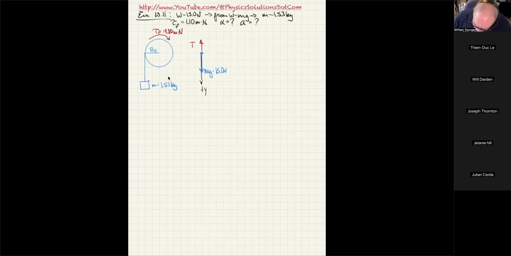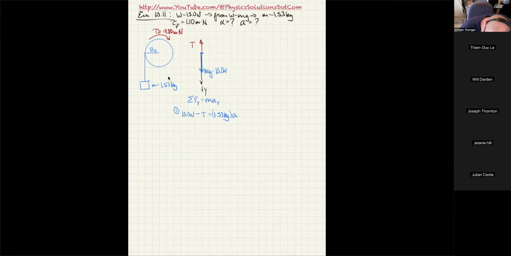From this, the summation of the forces in the y direction equals mass times acceleration. That's the only acceleration, so there's no reason to subscript it y. In this case, I'm going to have 15.0 newtons minus T is equal to 1.53 kilograms times a, and I'm going to call that equation 1.